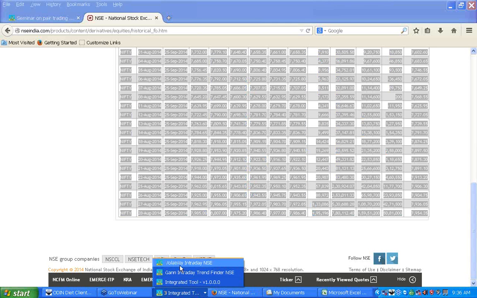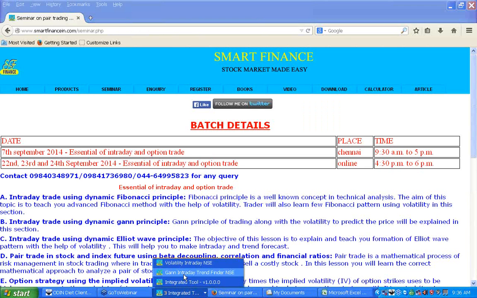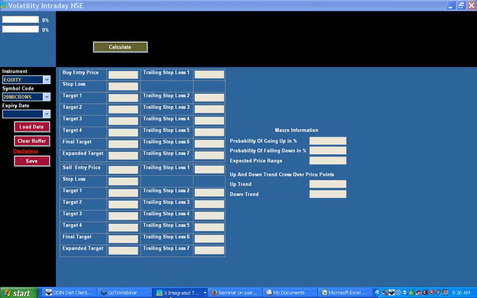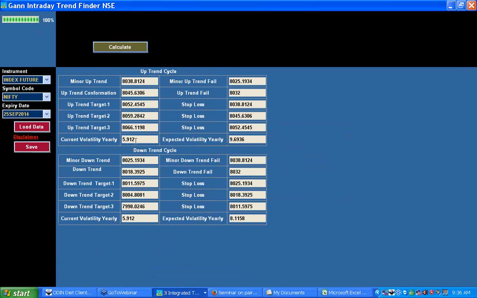However, currently we are at a very low level of volatility, 5.91, and by day end we may expect 9.69, provided the Nifty touches the 8066 level. So if Nifty touches 8066, then volatility may go to 9.69. Currently we are at 5.91.